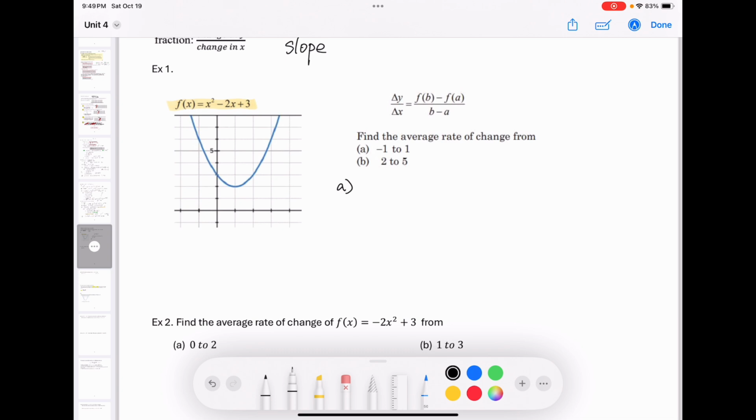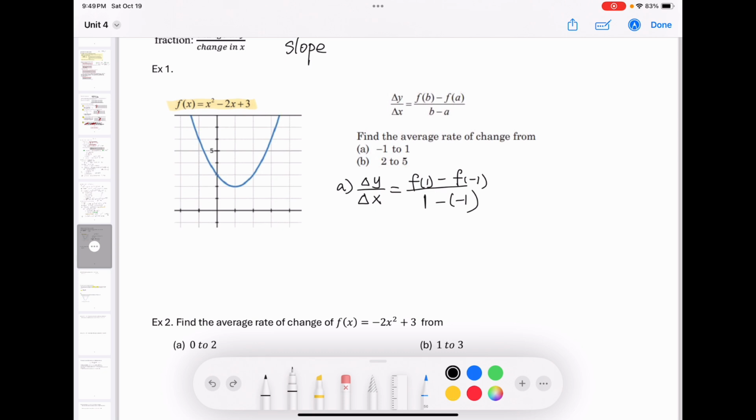Delta y over delta x is equal to f of the second x value, which is 1, minus f of the first x value, which is f of -1, divided by the second x value, which is 1, minus the first x value, which is -1. You must match them: second, first.